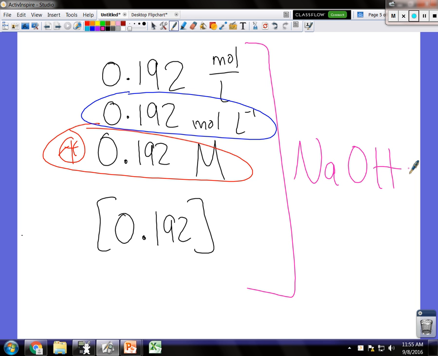It is a base. Very good. Okay, so hypothetically, where would your pH range? Above 7. I'm going to go ahead and throw this at you. Since it is a strong base, it's probably going to be above 12. Most strong bases are 12 to 14. Most strong acids are 0 to 2. Most, not all, but most.